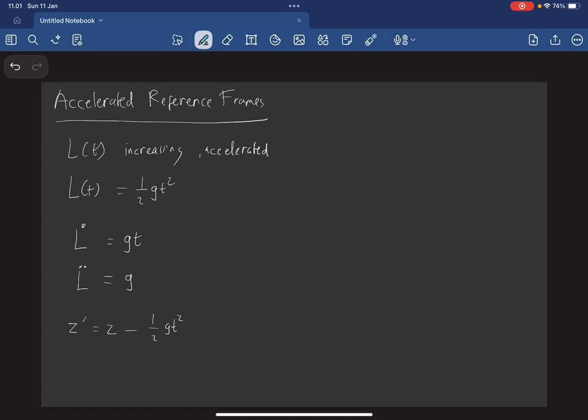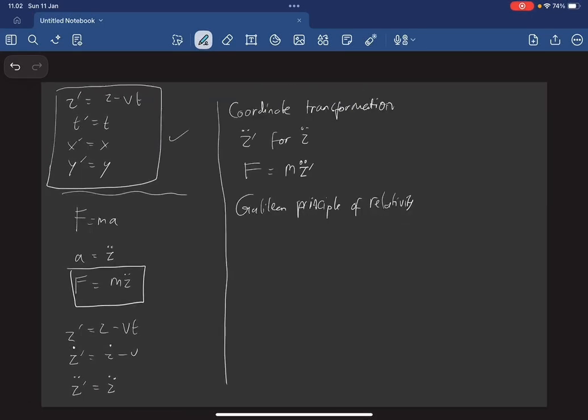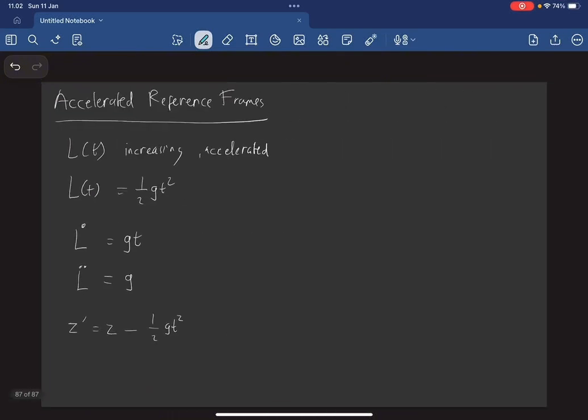The other equations do not change. Still t prime equals t, x prime equals x, and y prime equals y. These four equations are our new coordinate transformation to represent the relationship between coordinates that are accelerated relative to each other.